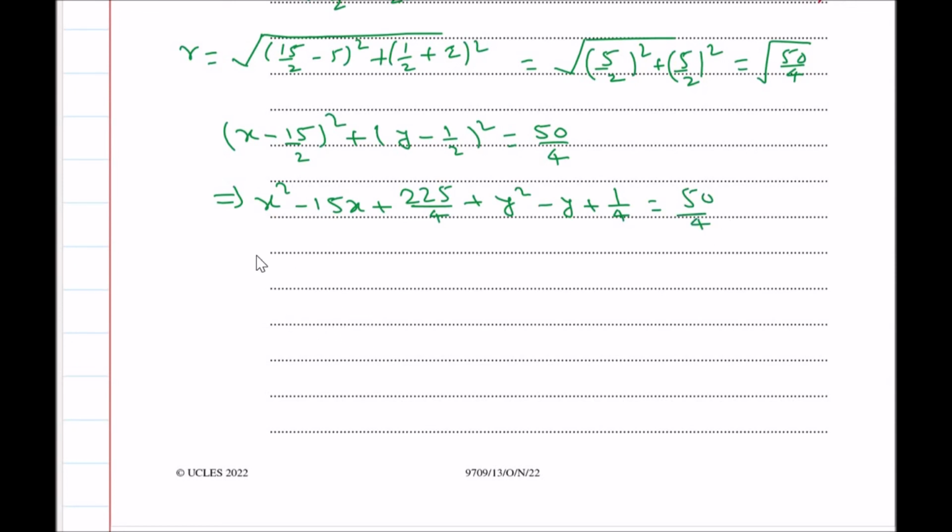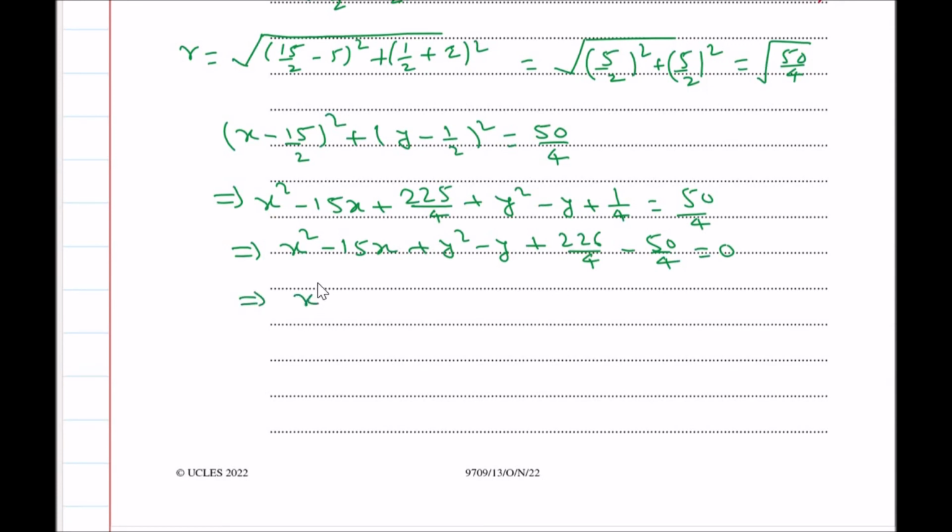Okay. Now let us simplify this, combining like terms. So x square minus 15x plus y square minus y, and if we combine 225 by 4 and 1 by 4, we get 226 by 4, and 50 by 4 we bring to the left side, so minus 50 by 4, and that is equal to 0.